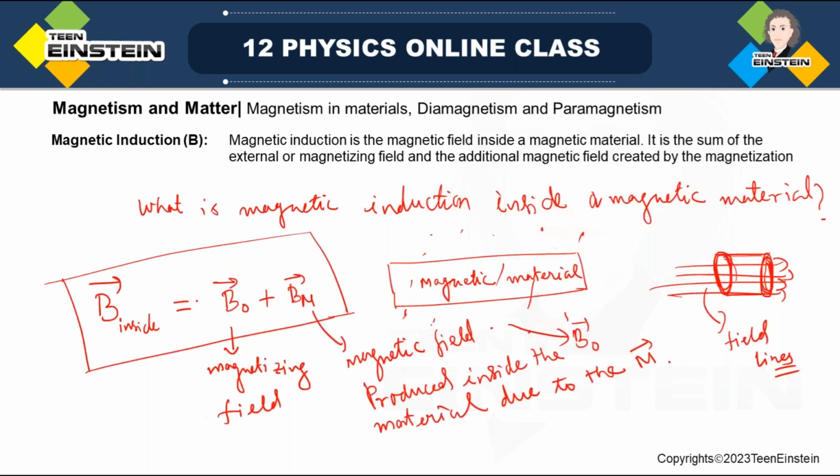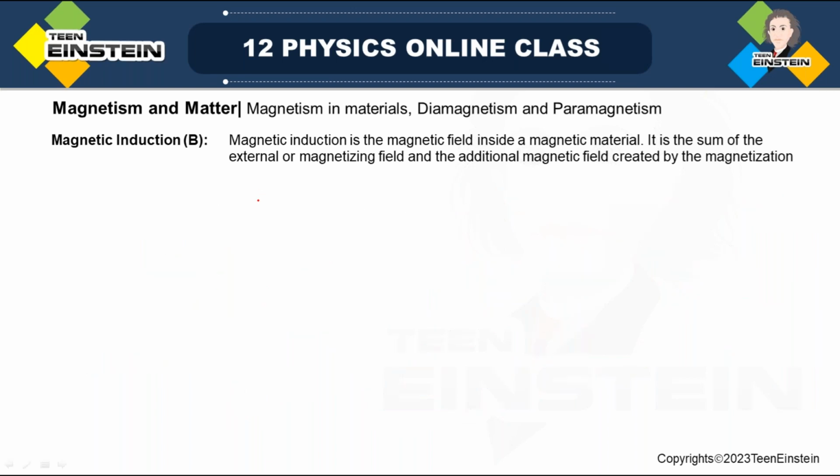I have just now got B inside, I am simply writing B. We have seen this is B0 plus Bm, and this Bm could be written as mu0 M, because it is produced by magnetization.